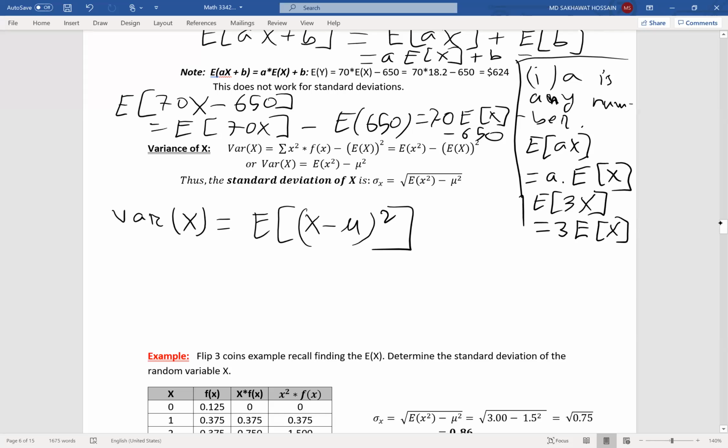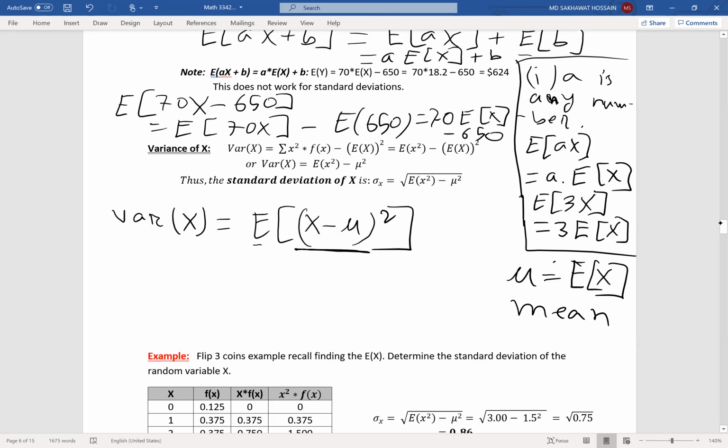So why is it the expected squared deviation? We are finding the expected value, and what is the function inside the expected value? We have x minus mu. So what is mu here? Mu is the expected value of x. This is also called the mean of the random variable.